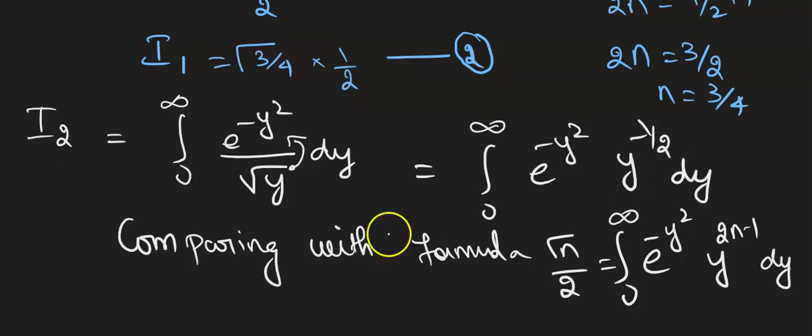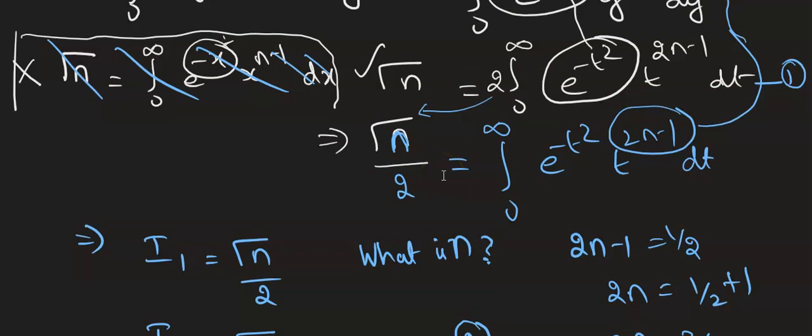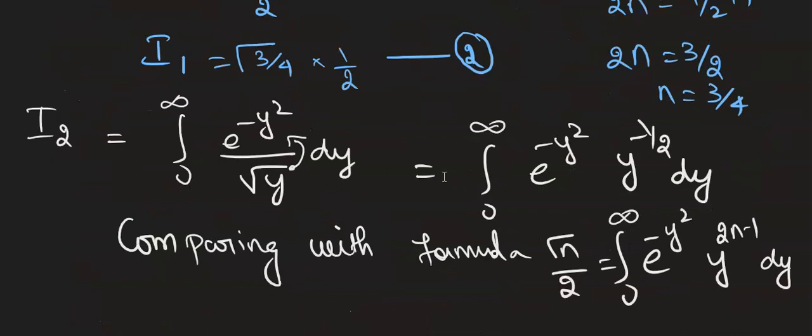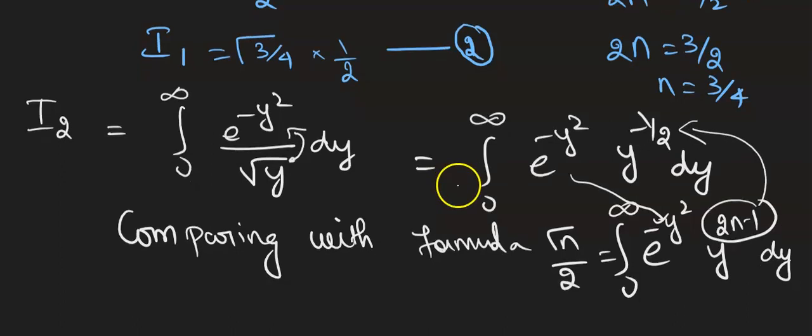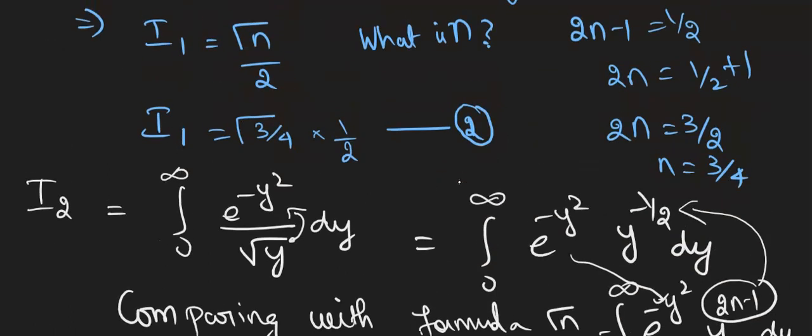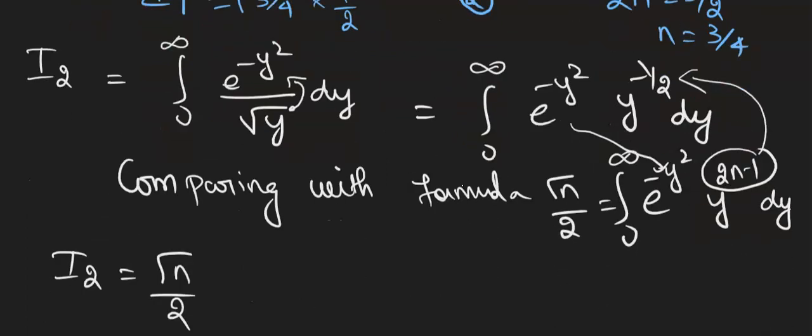In the place of y we have t; I am rewriting the same equation 1 with everything changed to y, so it's easy for you to compare. So this is the same. In the place of 2n minus 1, now what I have is minus 1 by 2. So your I2 is also the same thing, gamma of n by 2. Your I1 also, you remember, you wrote gamma of n by 2. But what is n?